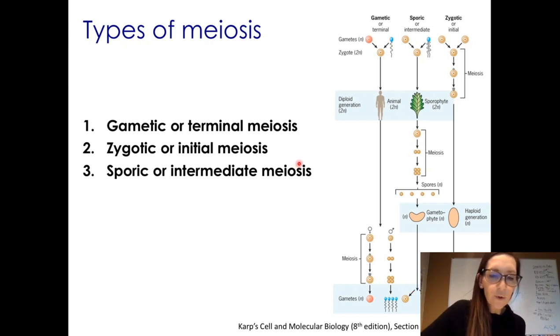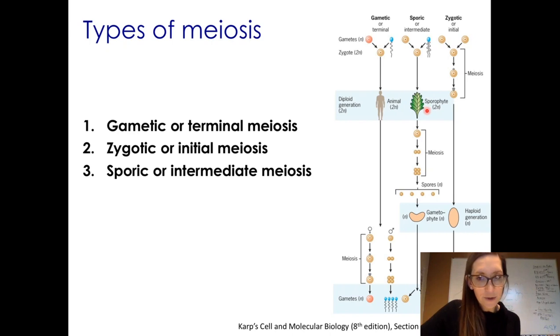For sporic or intermediate meiosis, the meiosis is not actually tied to fertilization or right at zygote formation. Okay, so this happens in a different place. In sporic, you have formation of a diploid through fertilization. That diploid grows up to create the sporophyte generation, and that sporophyte generation you can see here is diploid.